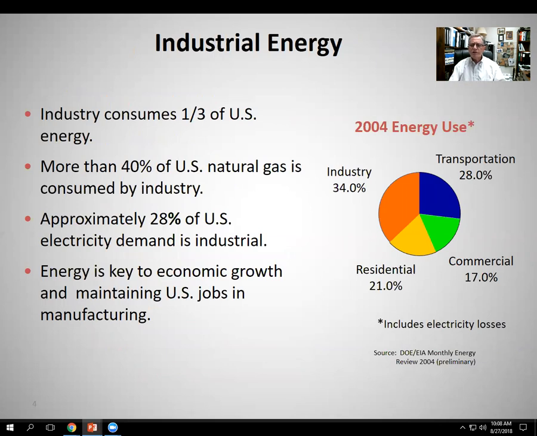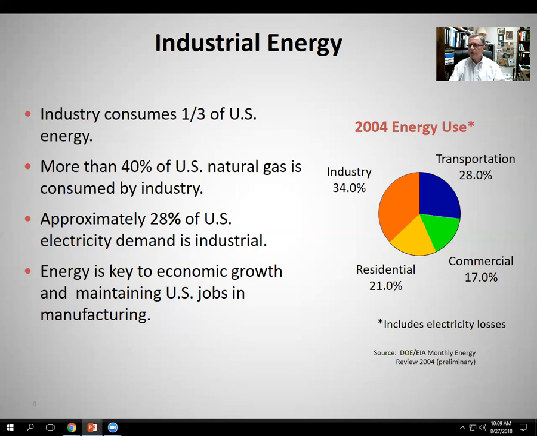Just some statistics to get started. U.S. industry consumes about a third of the energy consumed in the United States. As you can see, more than 40% of U.S. natural gas is consumed by industry. 28% of U.S. electrical demand is industrial, and energy is a key factor in promoting economic growth, jobs, and manufacturing in the States.